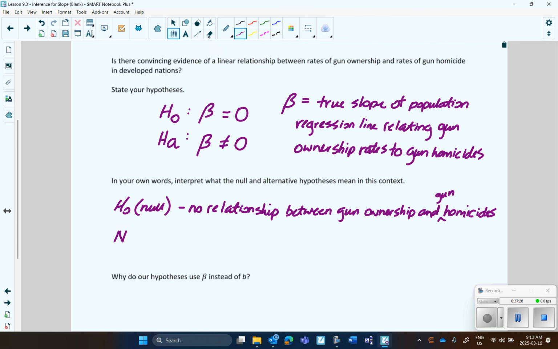And HA, for the alternative research: there is a relationship between gun ownership and gun homicides.